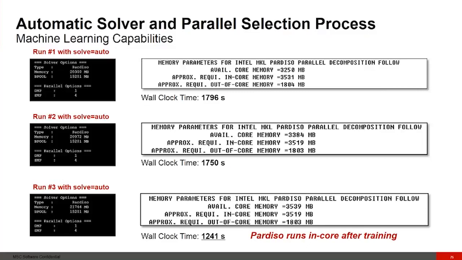So you can see here we're a little bit closer, so we get a little bit of performance gain, but still we're not running in core. And the third run, as it progressed, it tried to use more memory, and it tried to run Paradiso in core after the training, and you can see that this is when we got the best performance.